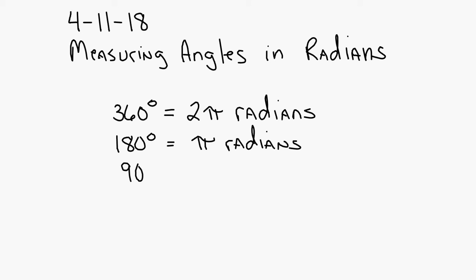So 90 degrees equals half of pi, or pi over 2 radians. You can't say 0.5 radians? If you want to. I'm giving you the information, you handle it however you feel most comfortable.